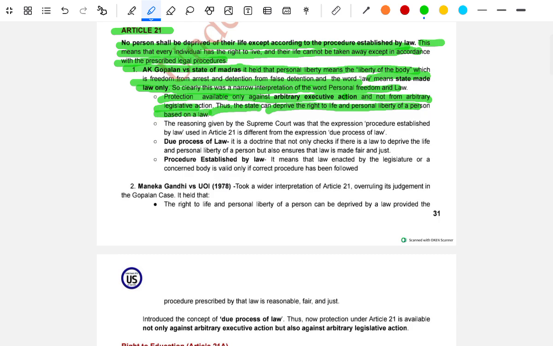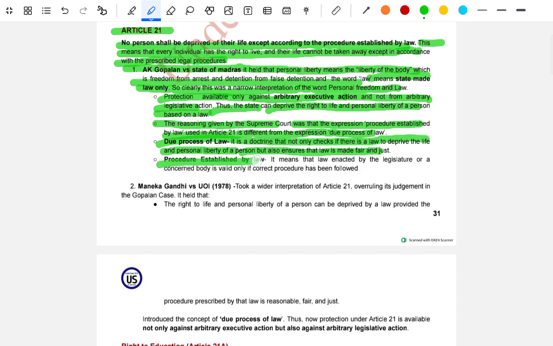The reasoning given by the Supreme Court was that the expression procedure established by law used in Article 21 is different from the expression due process of law. Due process of law is a doctrine that not only checks whether there is a law to deprive a person of life or personal liberty but also ensures that the law is fair and just.